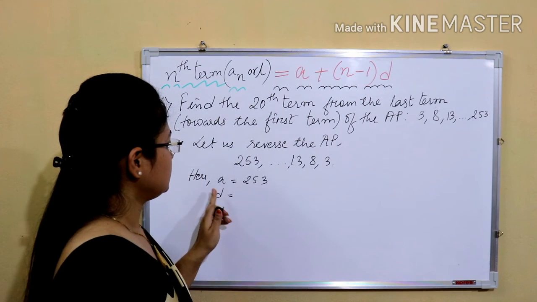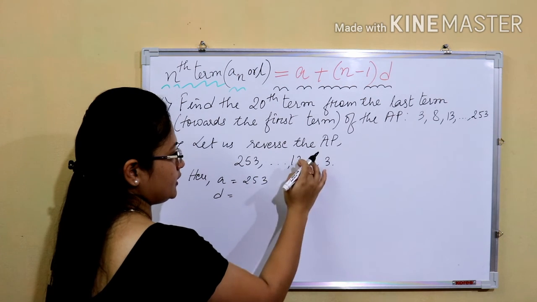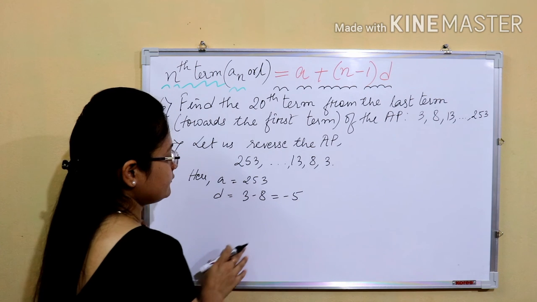Here a equals 253 and d is 3 minus 8, which is minus 5.